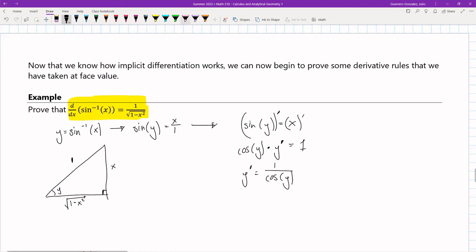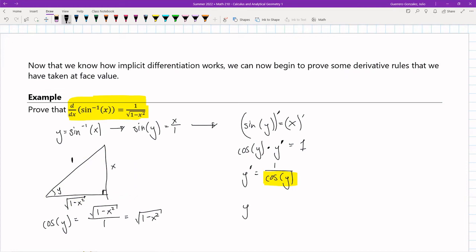Here's the fun bit. Cosine of y. This is where we're going to use our triangle again. Cosine of y is adjacent over hypotenuse. So from the triangle, cosine of y is the square root of 1 minus x squared over 1, which is just root 1 minus x squared.